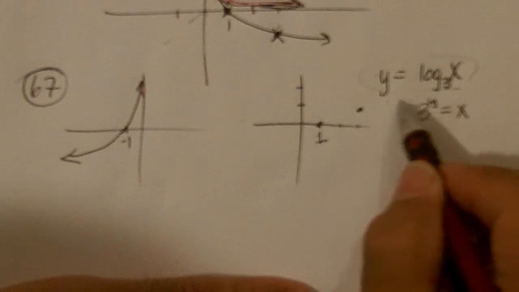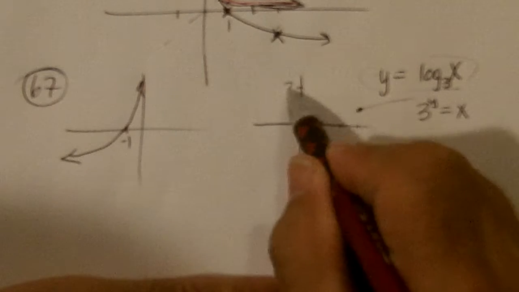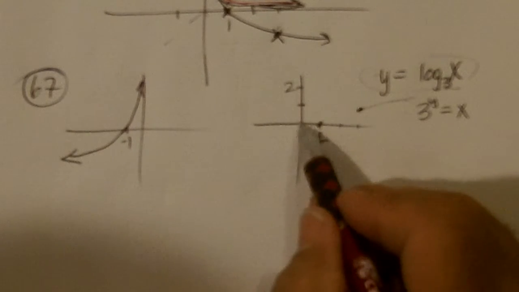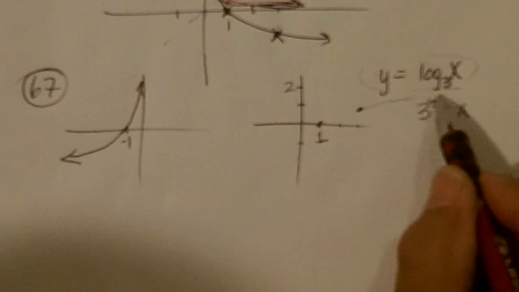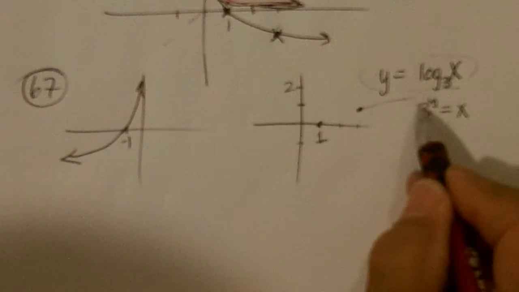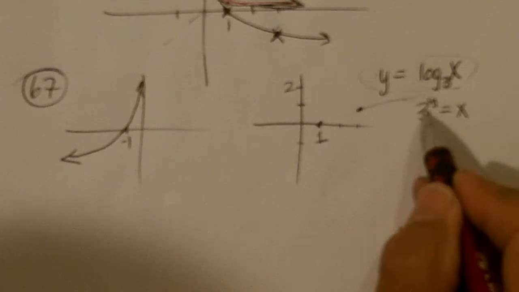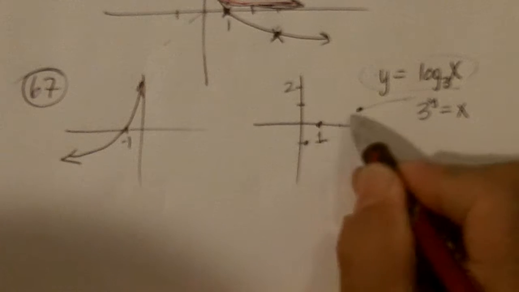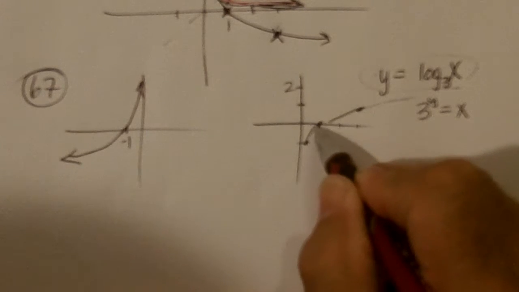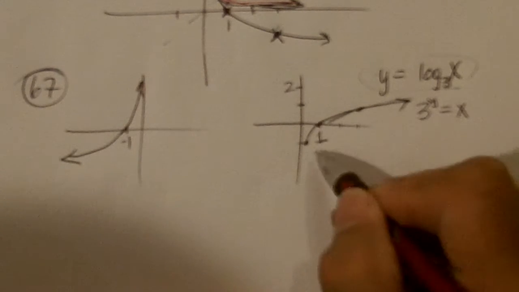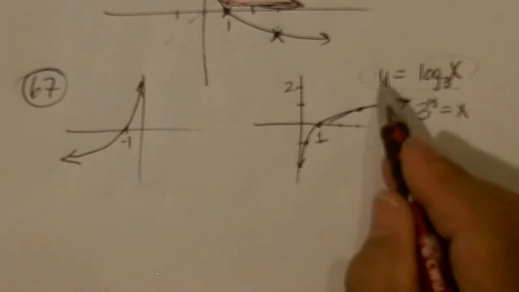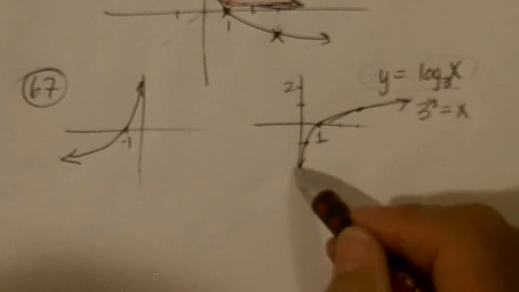We'd be out at 9, way out there. And if y is minus 1, that would be 3 to the minus 1, which is 1/3. And so this is what y equals log base 3 of x looks like.